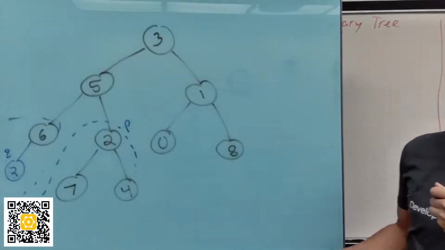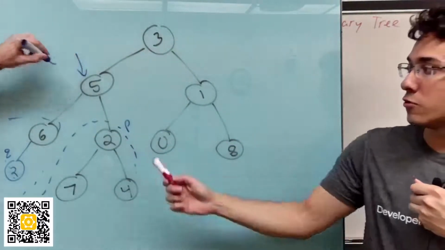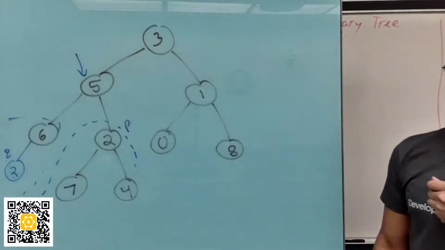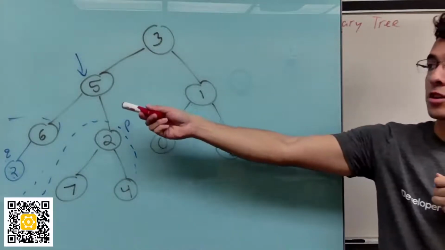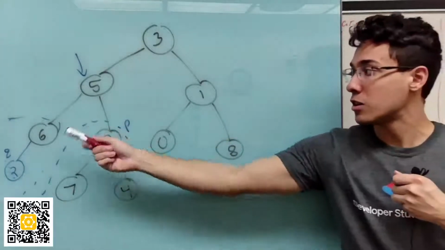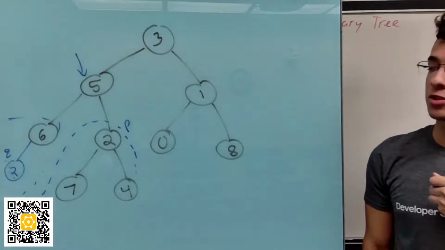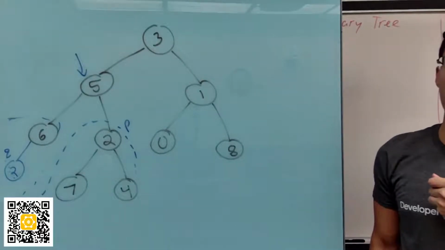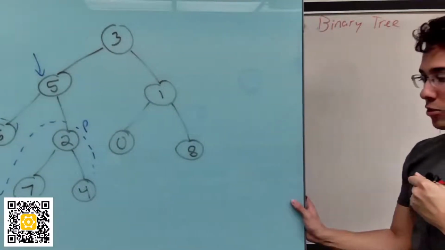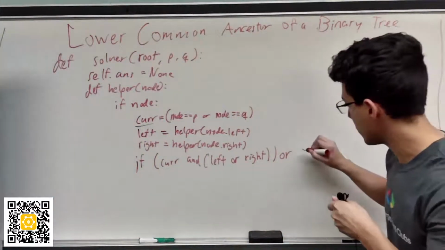Let's say you're here, but you did find it. You found it in these. So now cur is going to be false because it's neither P nor Q. But you found Q on this side and P on this side. So what's the check? Left and right. Exactly. So the other check is that you check if it's left and right.